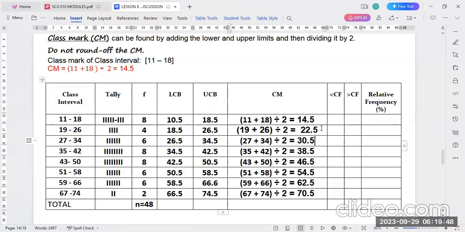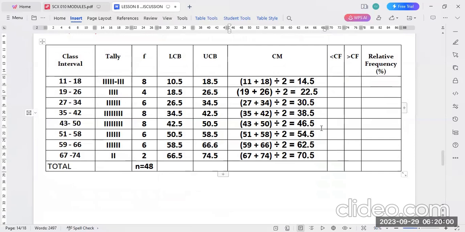So 27 plus 34 divided by 2, that is equal to 30.5. 35 plus 42 divided by 2, that is equal to 38.5. 43 plus 50 divided by 2, that's 46.5. And 51 plus 58 divided by 2, that's 54.5. 59 plus 66 divided by 2, that's 62.5. And lastly, 67 plus 74 divided by 2, that is equal to 70.5.